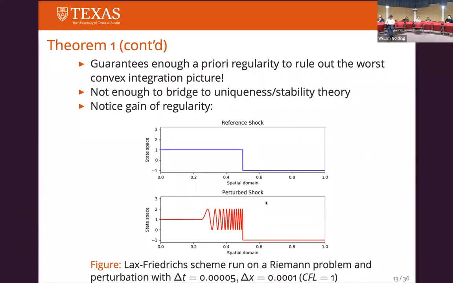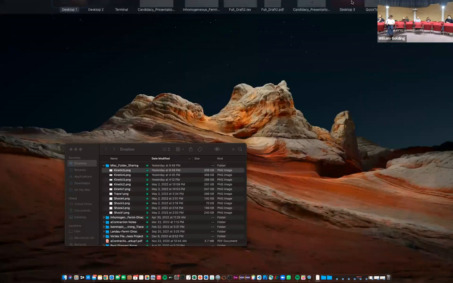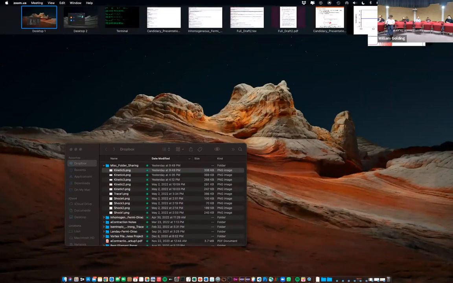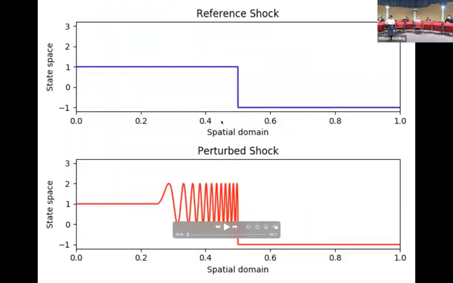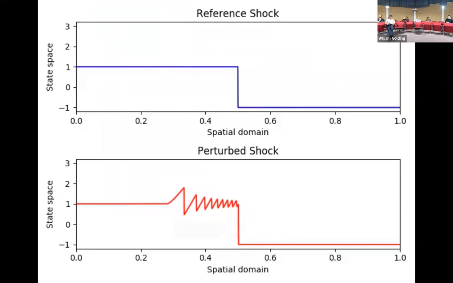So to give you a sense, here, if I run it, one thing to notice is that immediately all of those oscillations sharpen, which means, okay, sort of losing regularity in some sense, right?